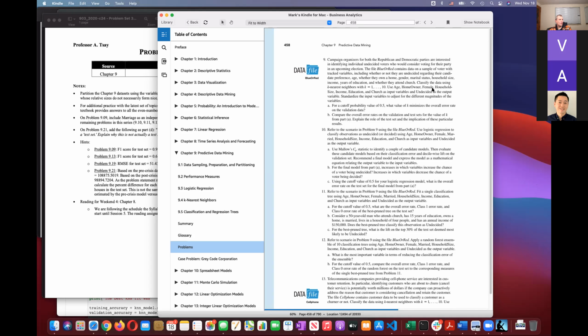Use age, homeowner, female as input variables, undecided as the output. Standardize to adjust for cutoff probability 0.5. Minimizes the overall error rate, and compare validation and test sets. Okay, so let's do that.